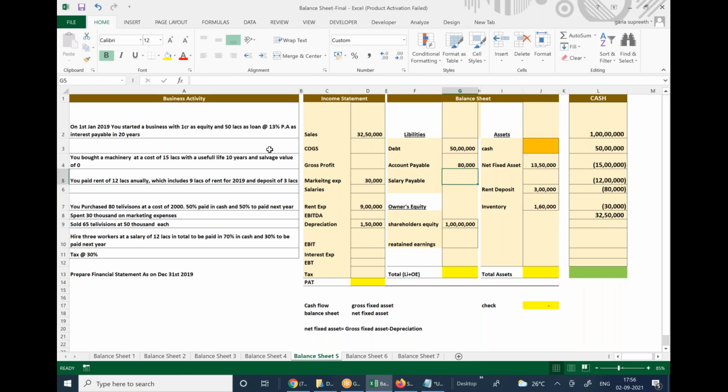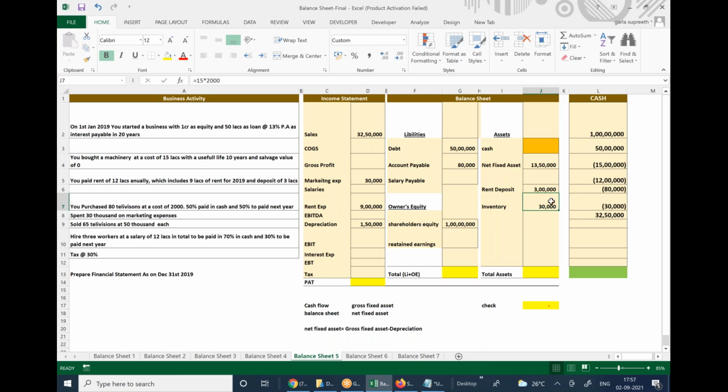Now out of how many did I sell? Out of 80 televisions, I sold off 65. What happens to my inventory then? Now 80 becomes 80 minus 65 is 15, right? Now I'll have only 15 in my inventory. So my inventory reduces drastically.